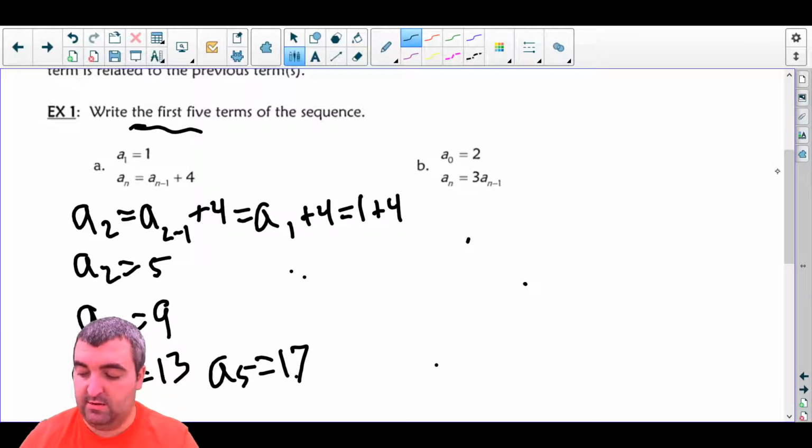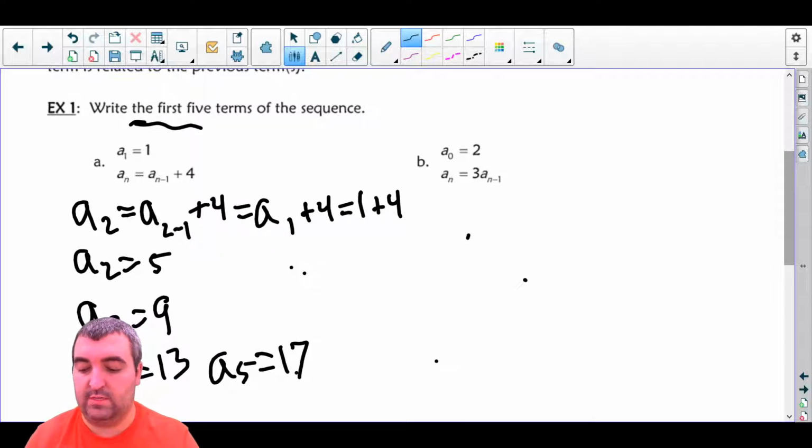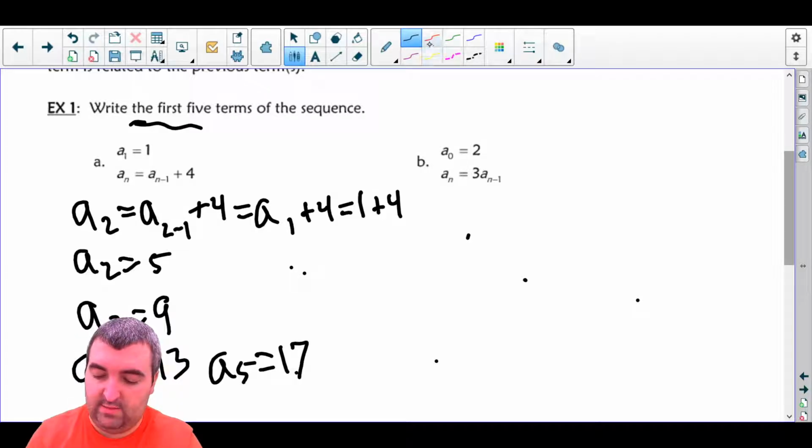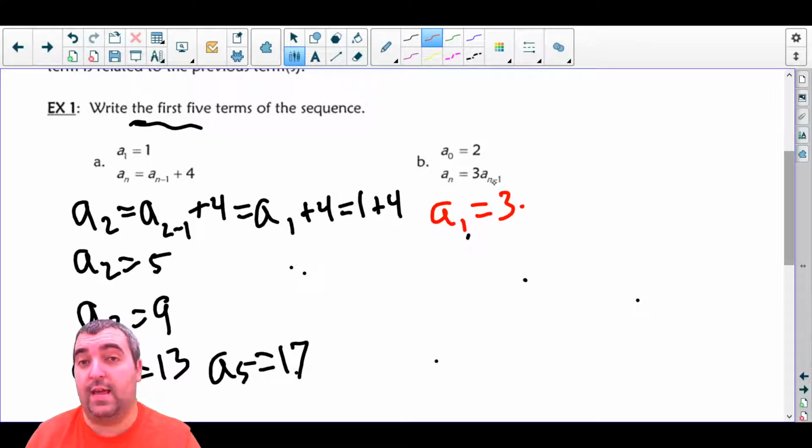You can see here with part B, we're told the 0th term, which we'll say is our first term, is 2. So then I want to find a sub 1, which would be 3 times a sub 1 minus 1, which is a sub 0, which is 2. So I would get 6 for my first term.